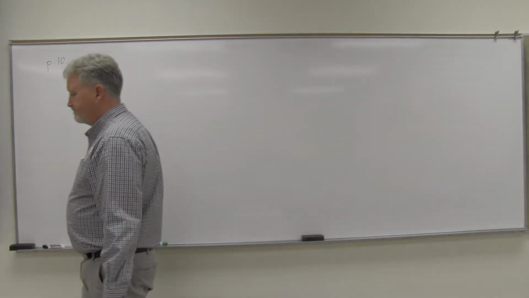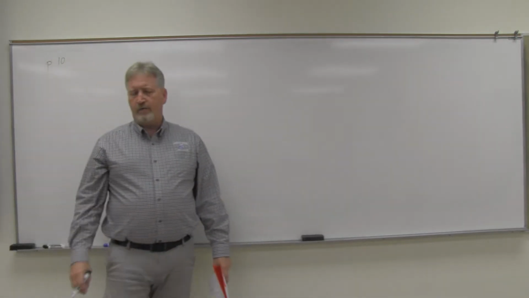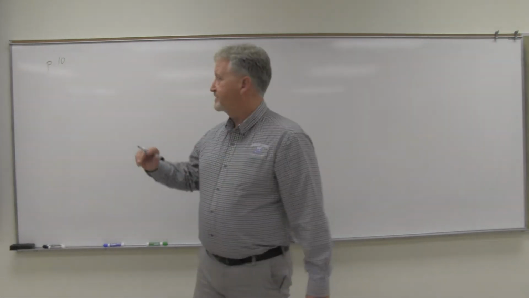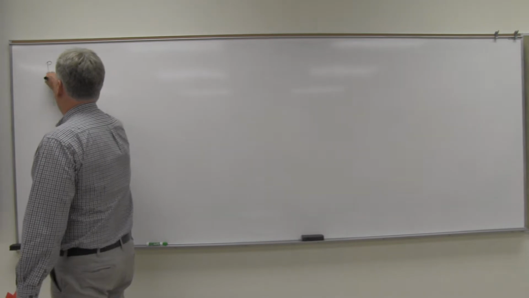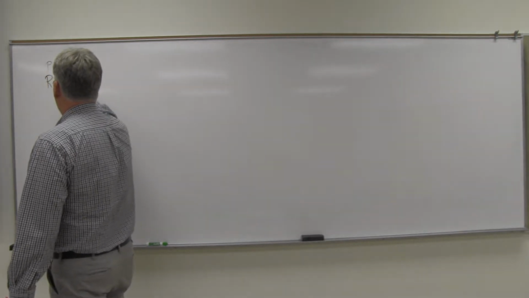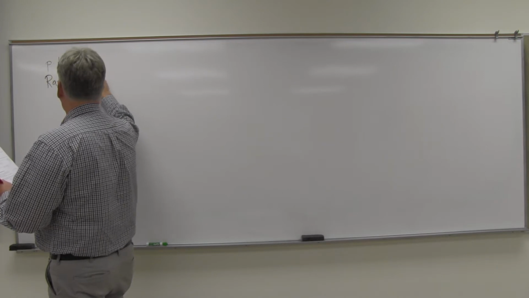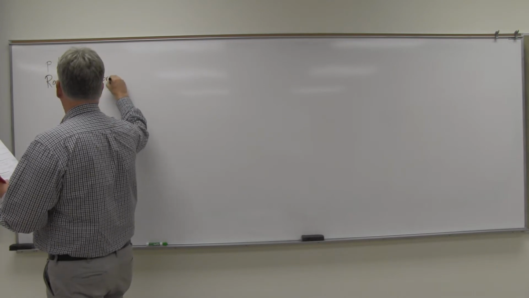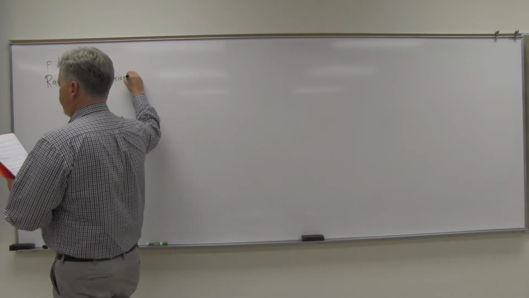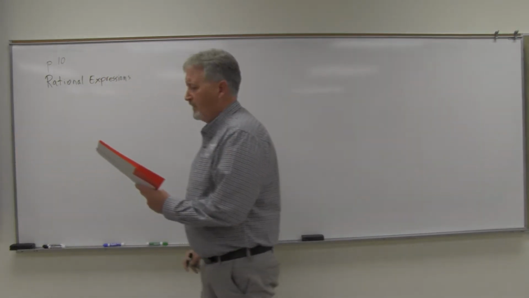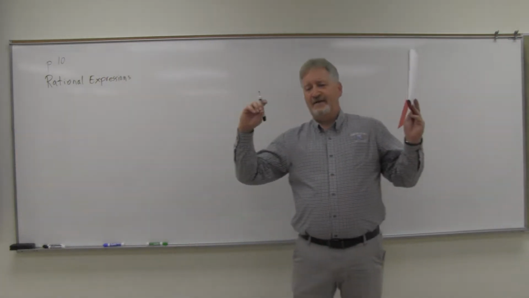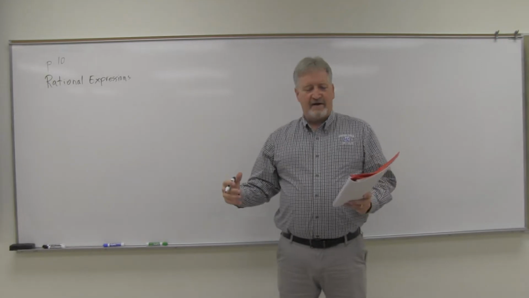All right, so what we're looking at today are what are called rational expressions. First mentions there what rational expressions are. It's basically just a polynomial divided by another polynomial.